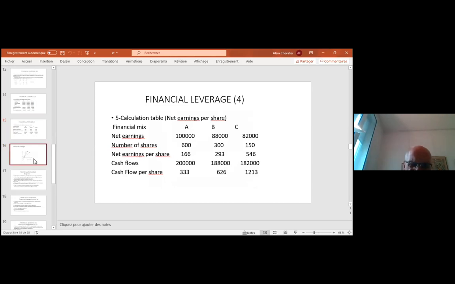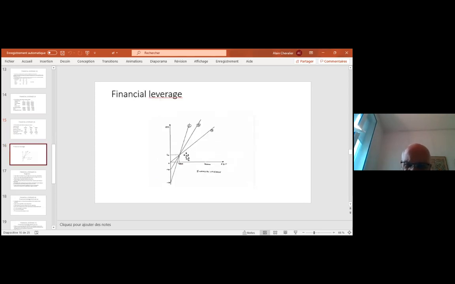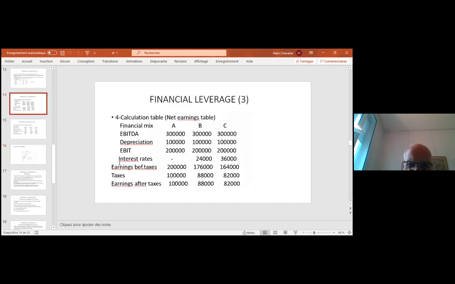Okay. On the contrary, if you go on the other side and make the assumption again that now the EBIT is equal to 0 instead of 200,000. You get 0 minus 36,000.